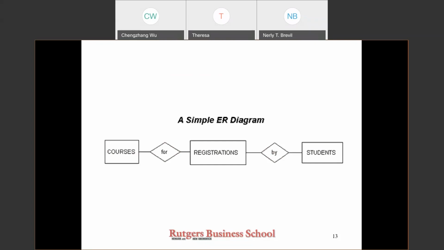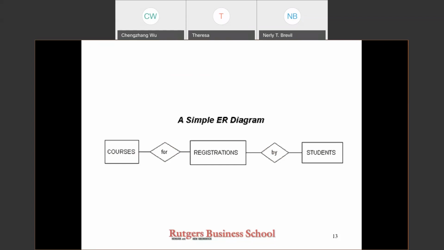And "by" is the relationship between registrations and students. So this ER diagram would be read as registrations for courses are done by students.